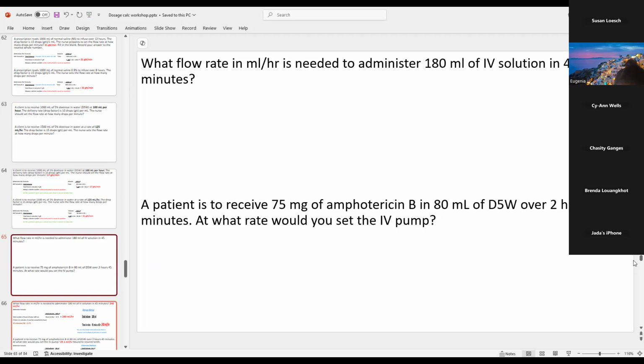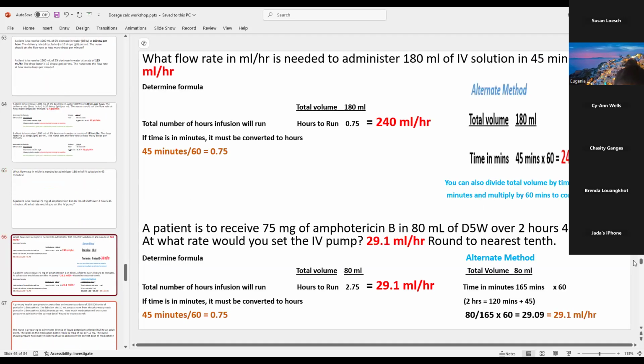Let's look at the solution key here so that you can see how I set it up for you, okay? On the first problem here, you can see on the left there, I gave you the total volume of 180. We put it over the fraction of an hour, which is your 45 divided by 60. You can see that over there on the left on the slide. And that gave you 0.75, which is a fraction of an hour.